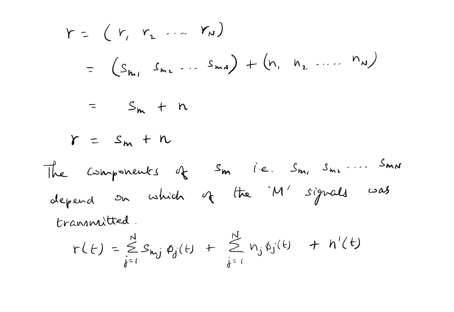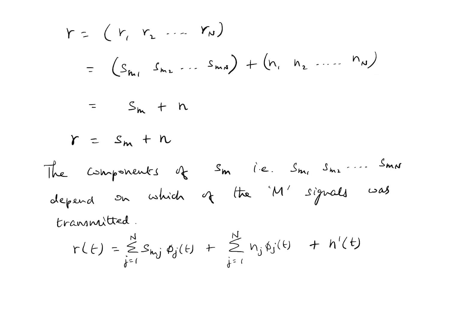Because the received signal vector elements are the sums of the transmitted signal vector elements and the noise signal vector elements. So R1 is Sm1 plus N1, R2 is Sm2 plus N2, and so on.